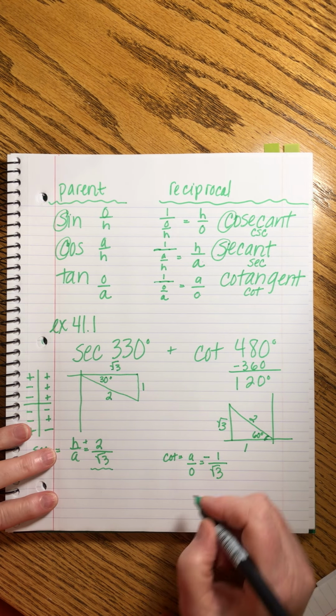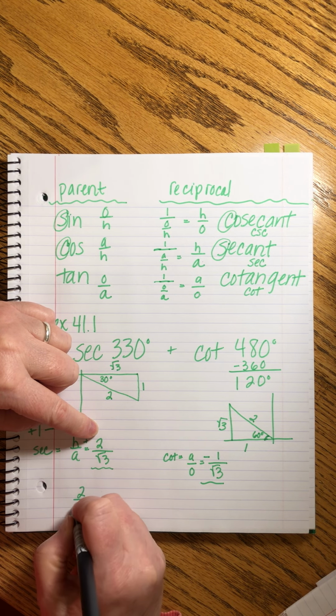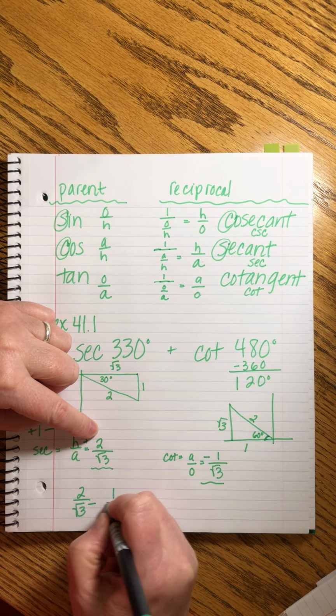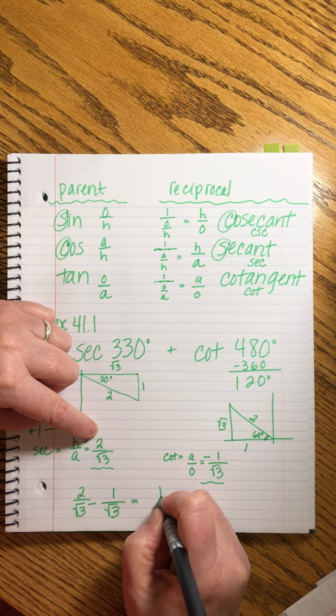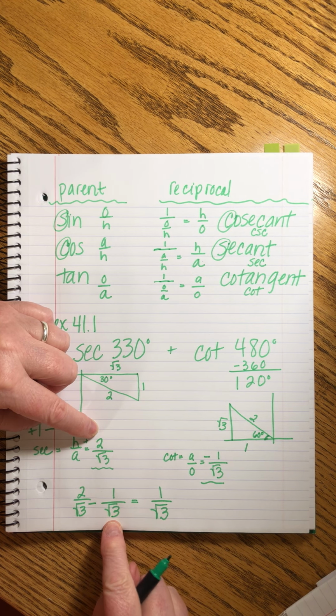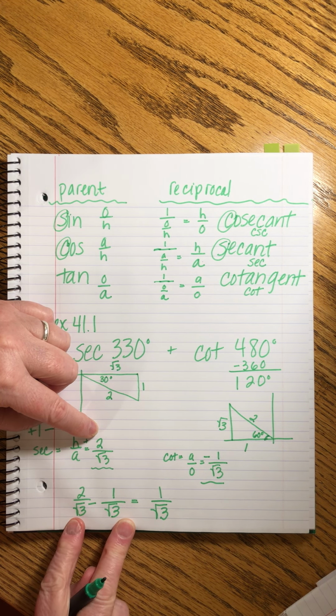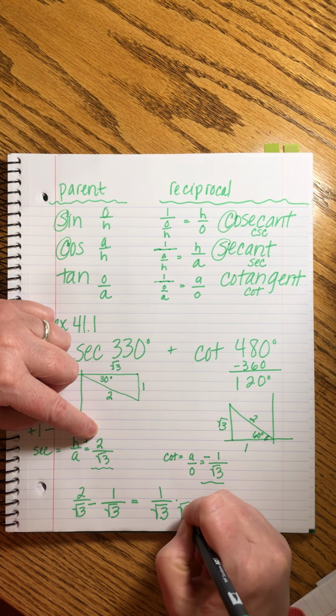So now I can bring my two pieces together. 2 square root of 3 minus 1 square root of 3 equals 1 over square root of 3. I can do that even before I rationalize because the denominators match. They aren't rationalized, but they match, so I can still operate upon them, if you will. But now for my final answer, I'm going to rationalize this little doggy.